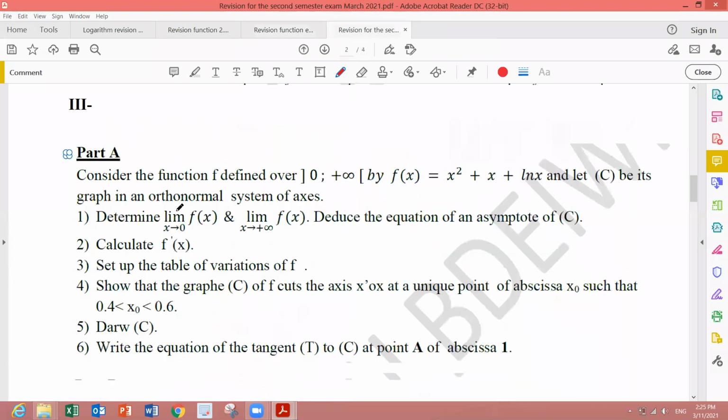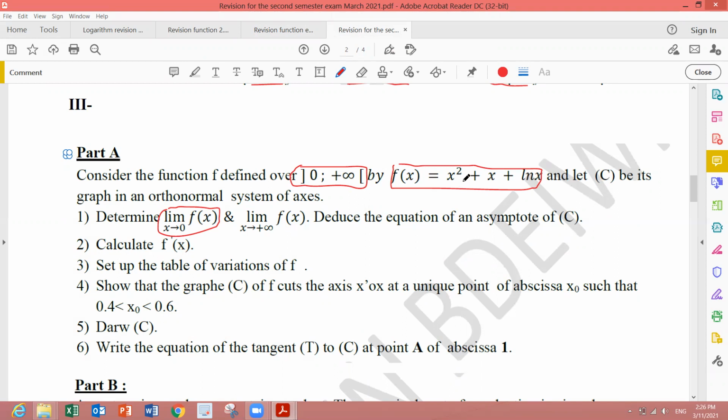Part 2, calculate f prime of x. What will be f prime of x? The derivative of x squared is 2x. The derivative of x is 1. The derivative of ln x is 1 over x.